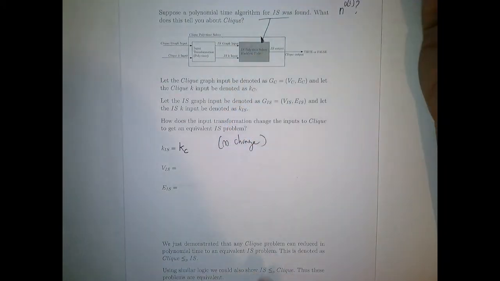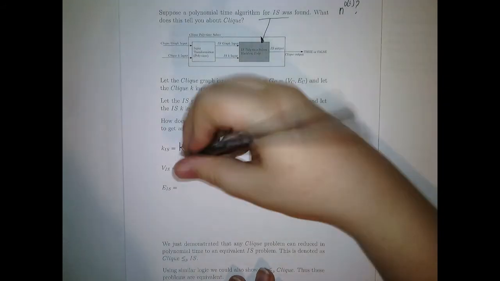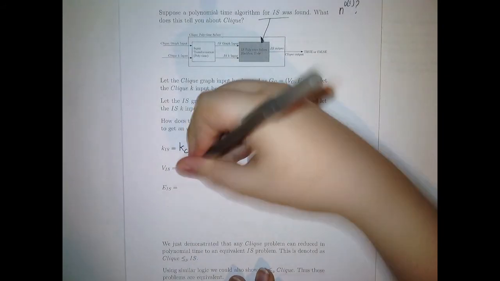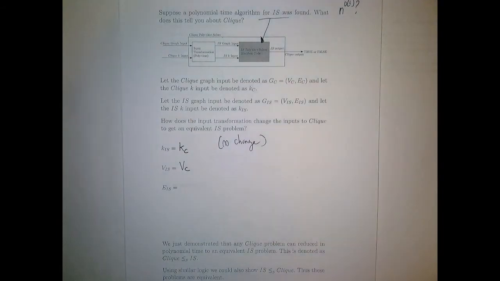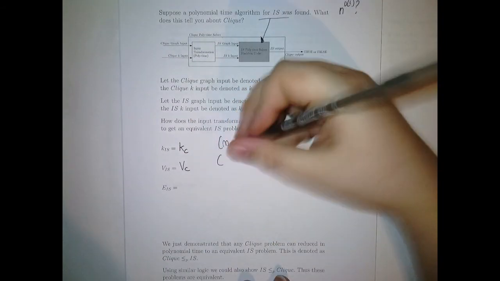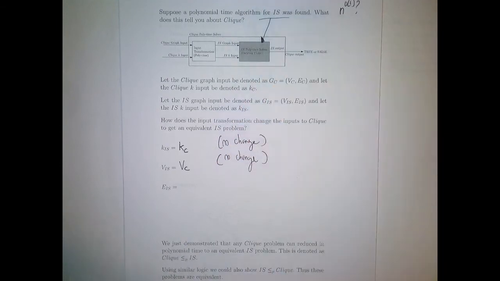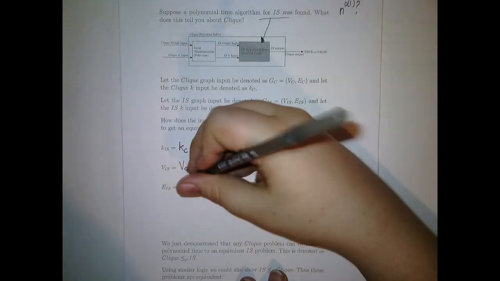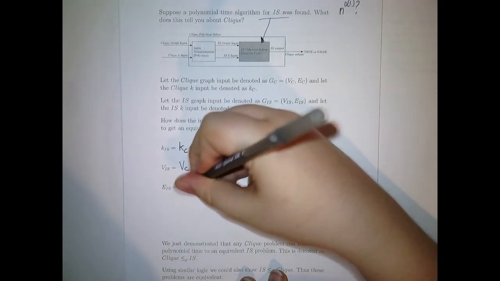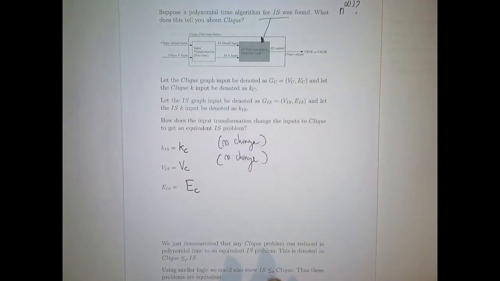And the set of vertices we use will be the same as well, right? We didn't change any vertices. We didn't remove any vertices. What we actually did on the previous page to turn a clique problem into an independent set problem, or vice versa, was we took the original edges that were given for our clique and we reversed them.